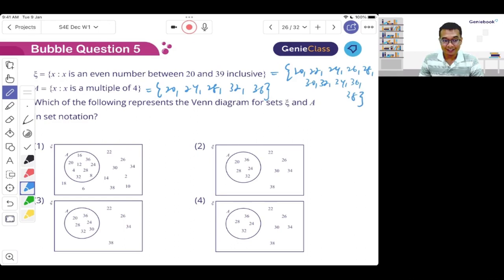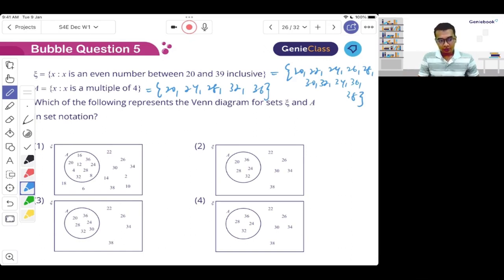Time starts now. Take your time, look through each option carefully, and because there are a lot of numbers, you don't want to miss anything out. Okay? Plenty of time, 1 minute and 20 seconds left. Okay, don't rush through this.